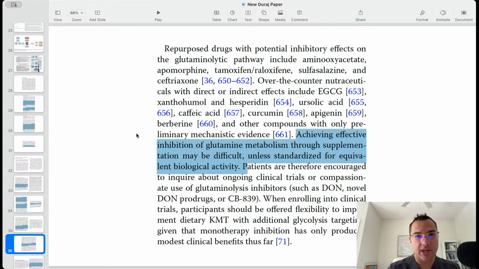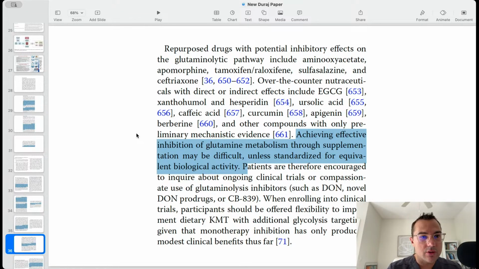although it does mention here that repurposed drugs with potential inhibitory effects on the glutaminolytic pathway include aminooxyacetate, apomorphine, tamoxifen, raloxifene, sulfasalazine, and ceftriaxone.